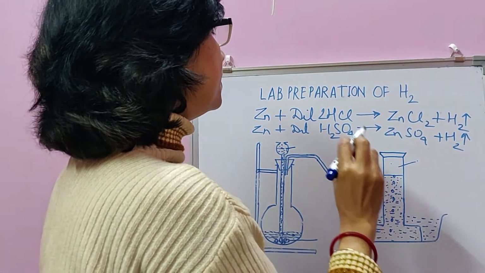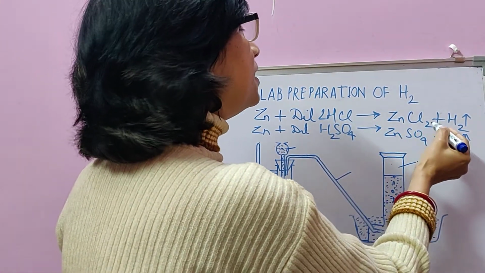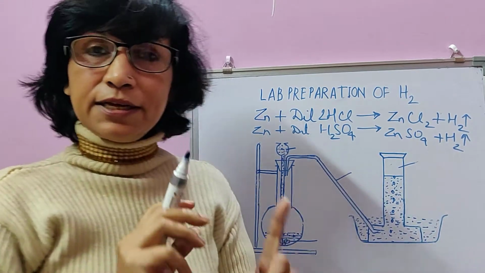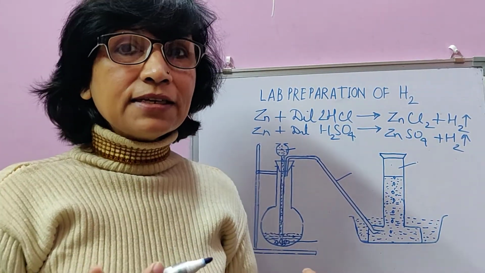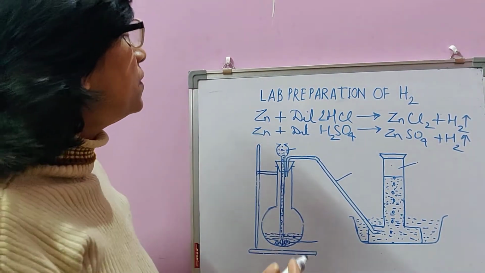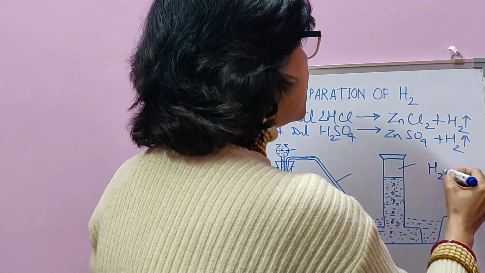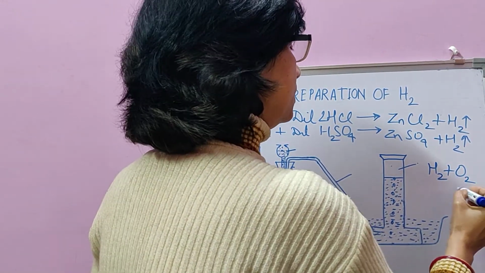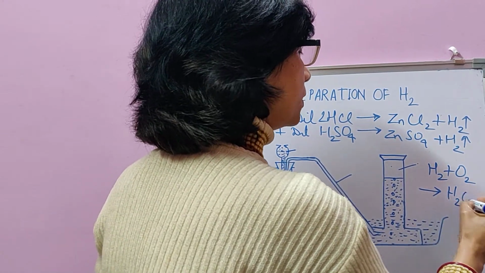But if we take nitric acid, then the salt will obviously be zinc nitrate and hydrogen. But there is a problem with nitric acid: it is a strong oxidizing agent. So whatever hydrogen is formed by this method, this hydrogen further combines with oxygen, because nitric acid is an oxidizing agent, and forms water.